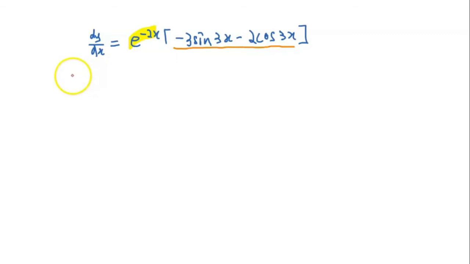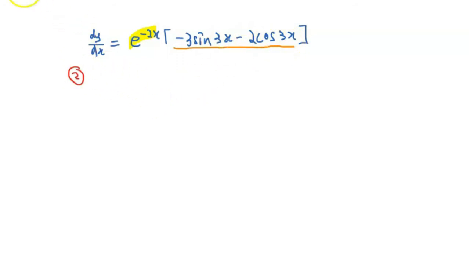Let us continue to the second part of this question, which is to find d²y/dx². In order to find the second derivative of y, we have to differentiate the first derivative of y, which is dy/dx. In our equation of dy/dx, it is a product of two functions, where the first function is e to the power of negative 2x, and the second function is negative 3 sin 3x minus 2 cos 3x.